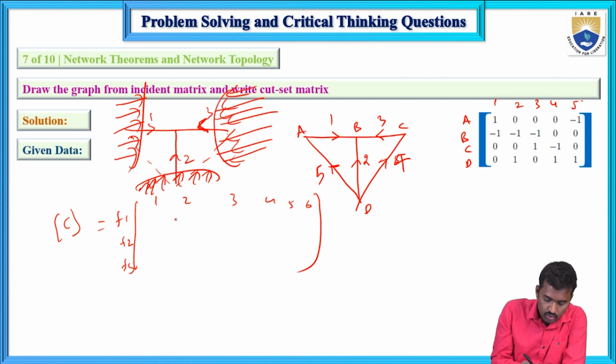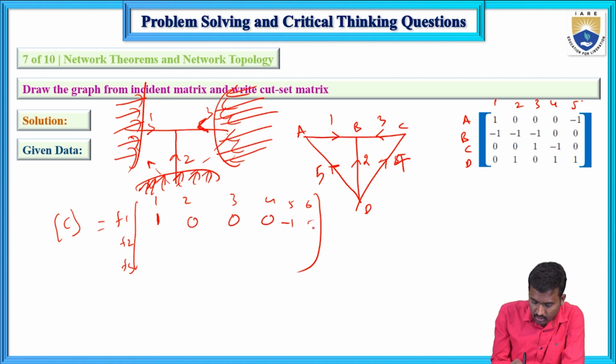Now here, branch 1 must be 1, and the remaining, this is 5. 5 is opposite direction, so -1, remaining all are 0. And here 2 is 1 and 5 is the same, 1, and 4 is 1, remaining all are 0.